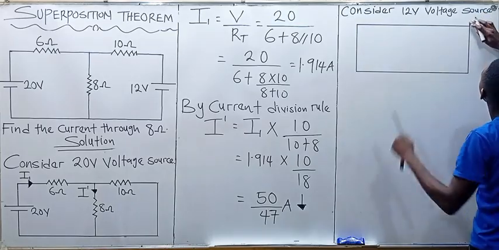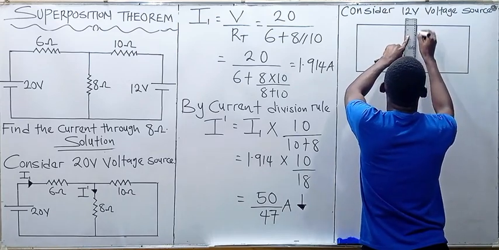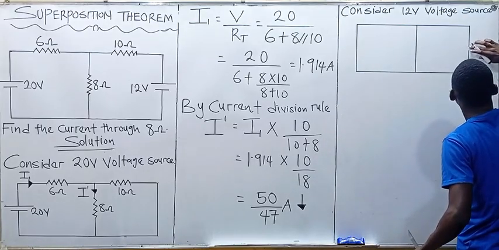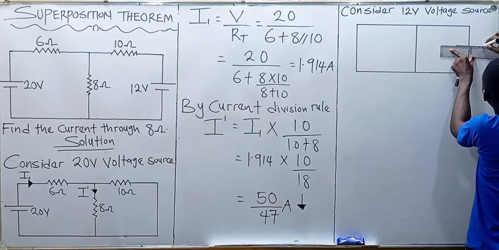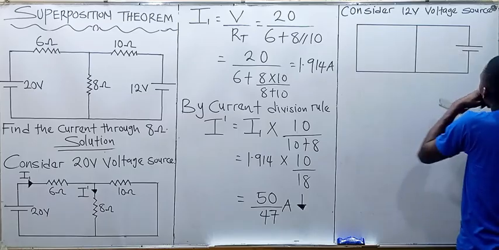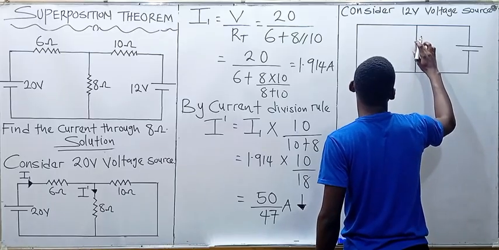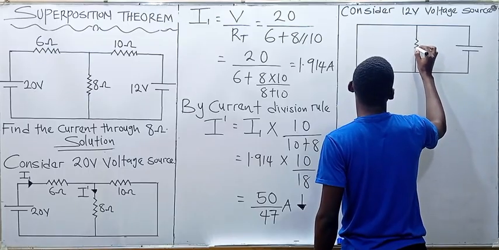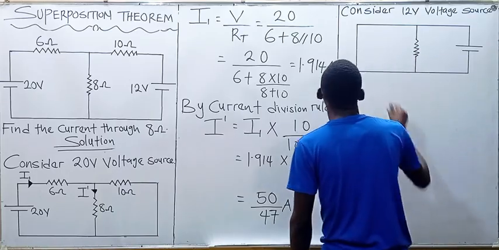So we are going to have our 12 volts here. Then we are going to have our 8 ohms. Then we are going to have 6 ohms.